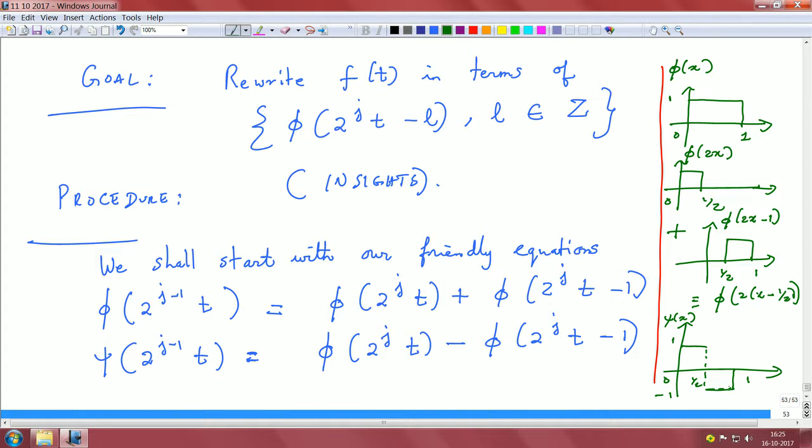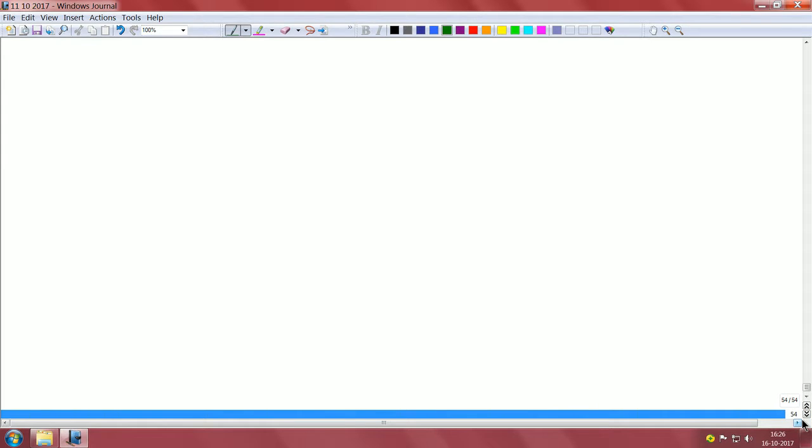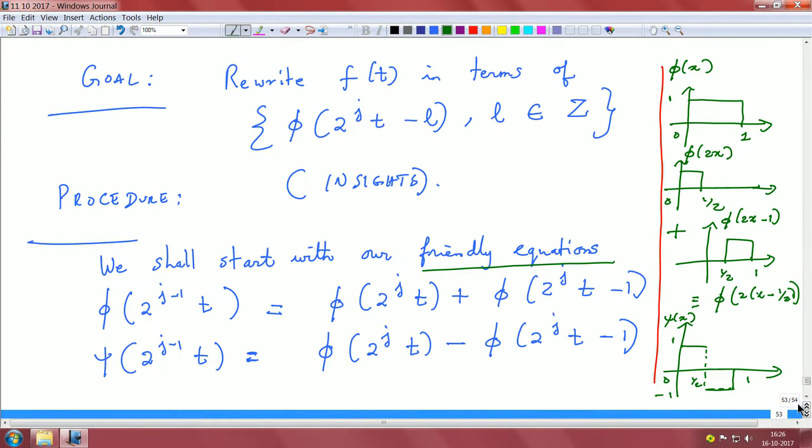If you just get this picture in your mind, the rest will be very easy to go through that. So, I call them our friendly equations. So, maybe I will just call this equation number as D, just for consistency.